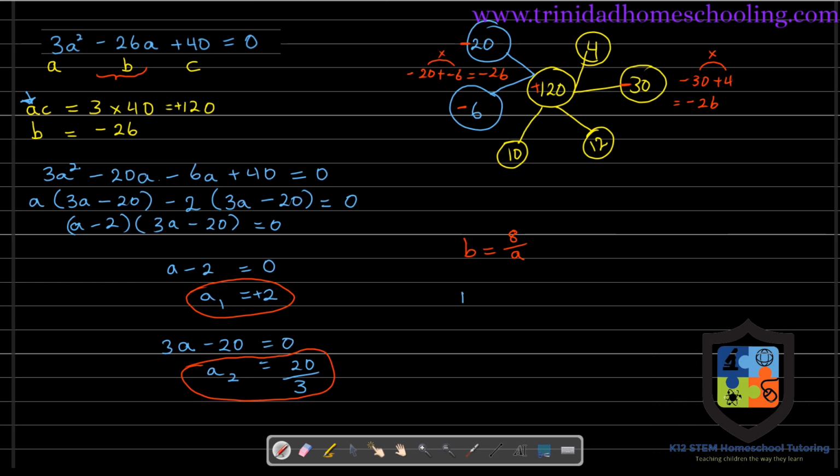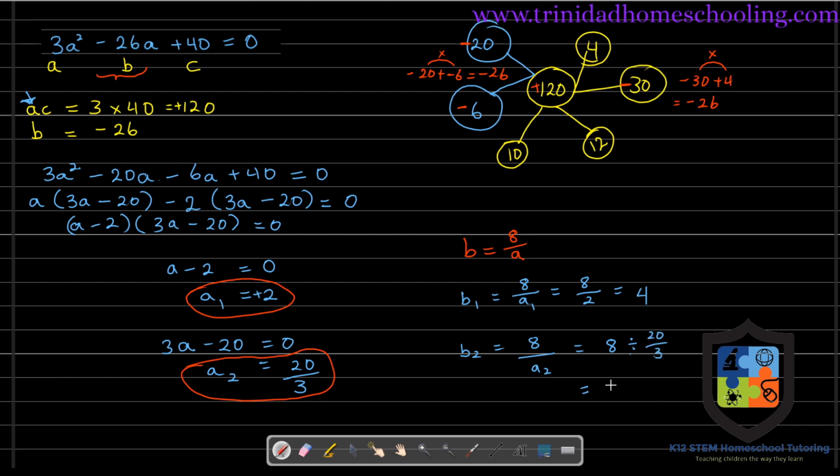The value for b1 would be 8 divided by a1, which is 8 divided by 2, to give me a positive 4. My b2 would be 8 divided by a2, which is 8 divided by 20 divided by 3.